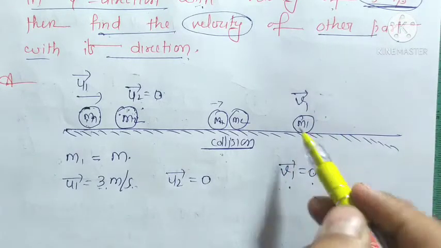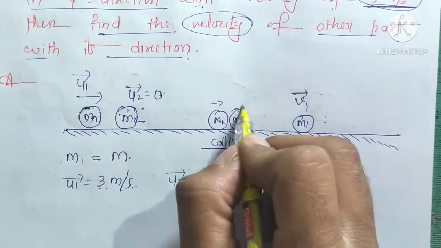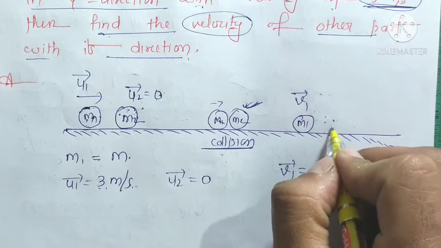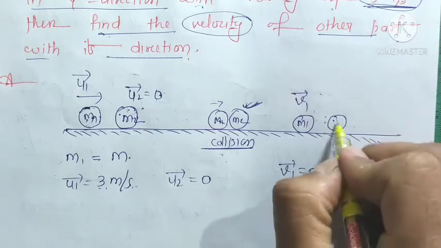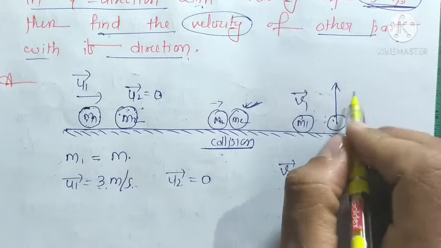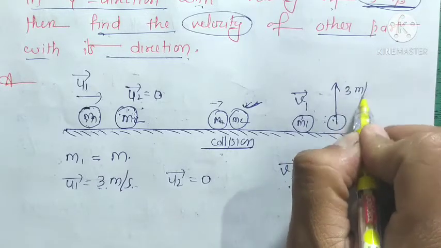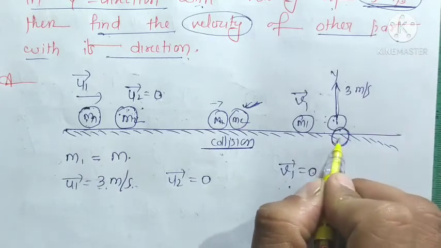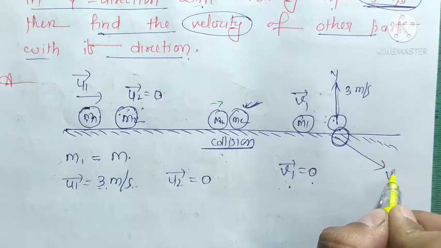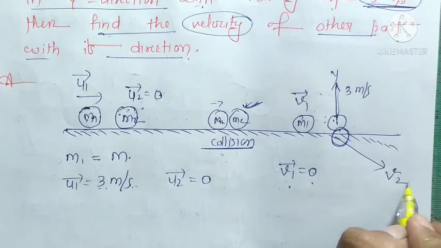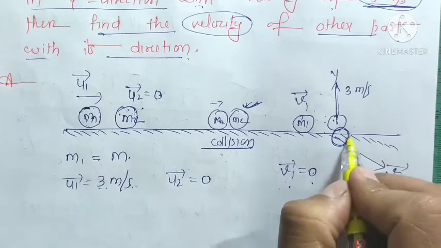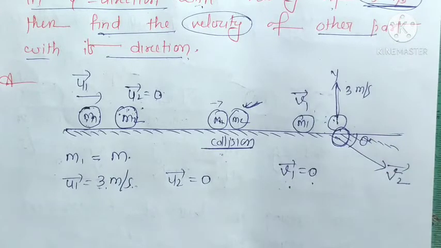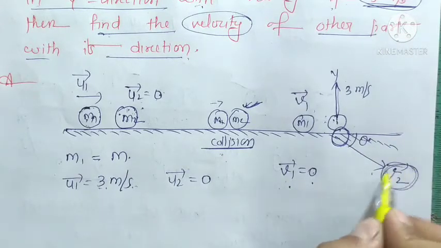And the second ball breaks into two equal parts. One part moves with velocity 3 meter per second along the y-axis, and the other part moves with velocity v2 and makes some angle theta with the horizontal. Now we have to find this velocity.